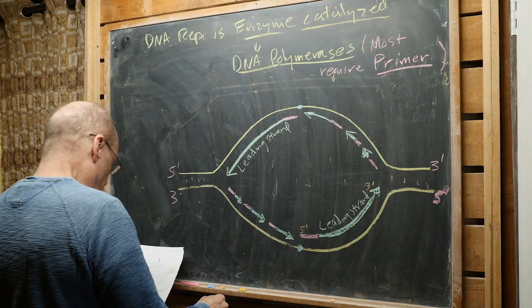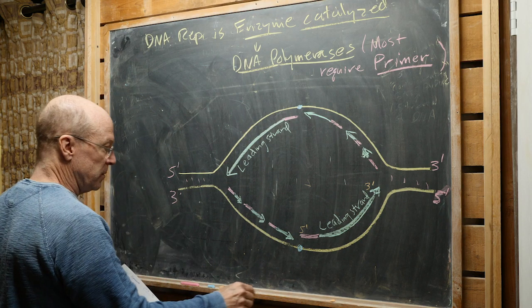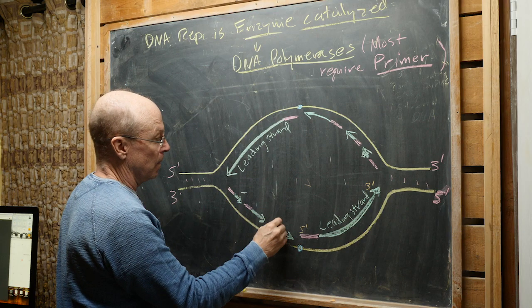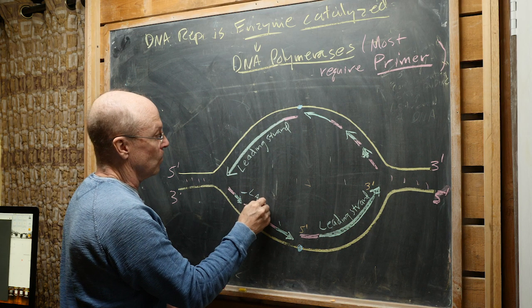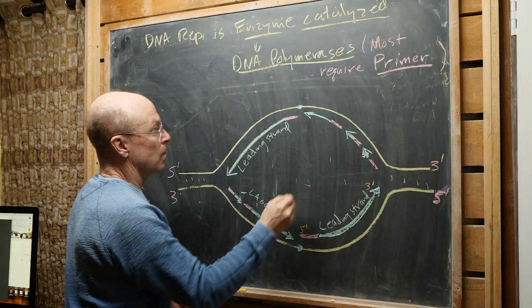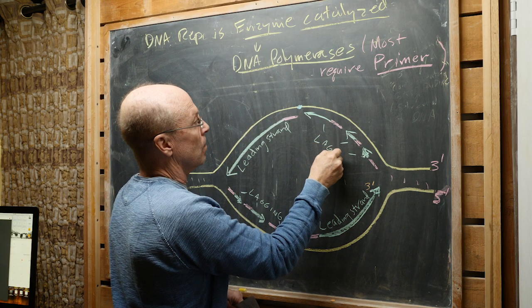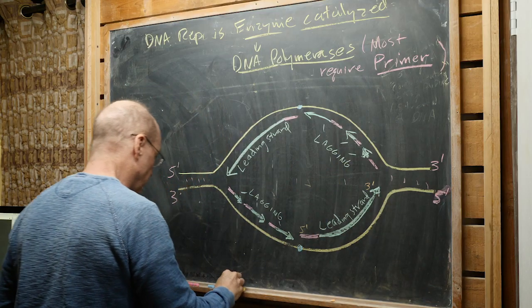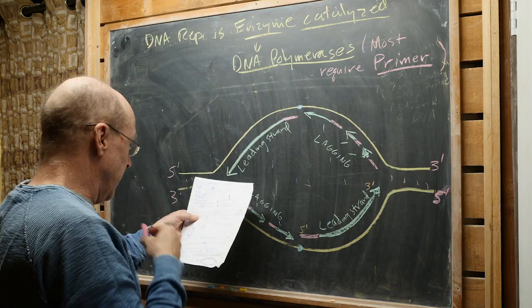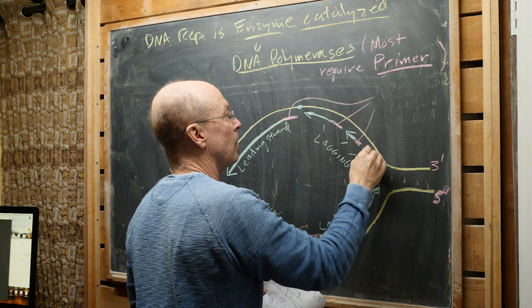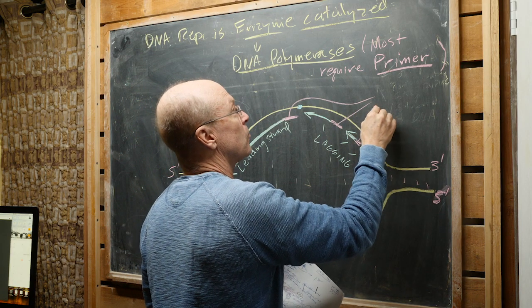And then these other bits here, these smaller ones here, these are called lagging. These red parts here, these are primers.